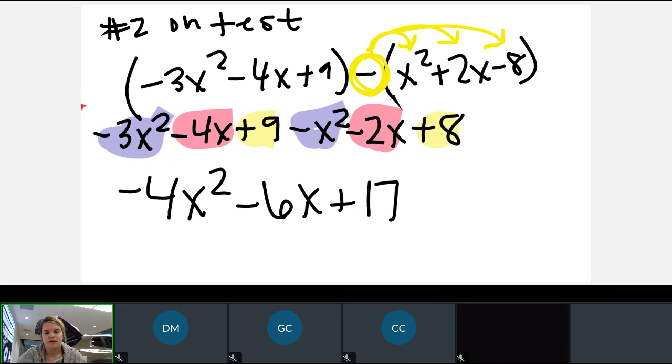So Destiny, you can multiply these one of 2 ways.